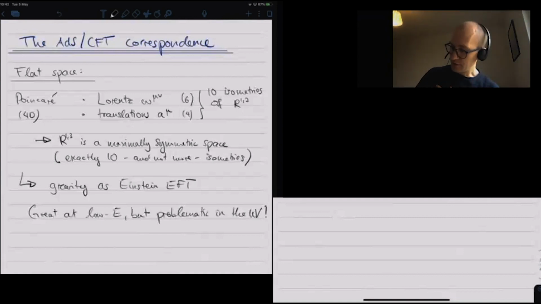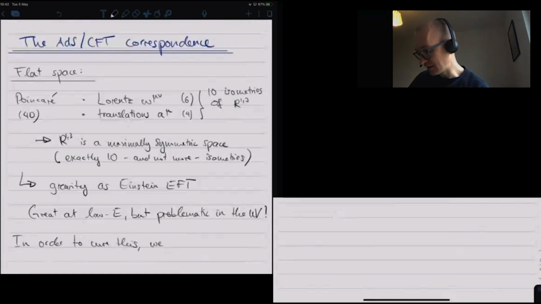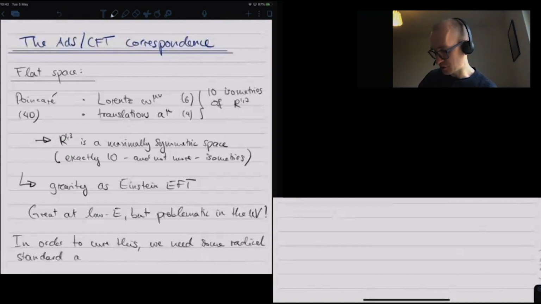So in order to cure this, we need some radical departure from our principles, right? Because our principles were already very constraining. So let's say from the standard approach.